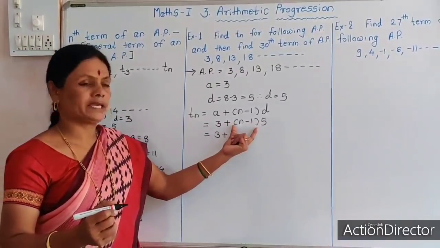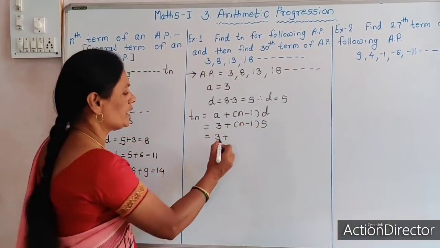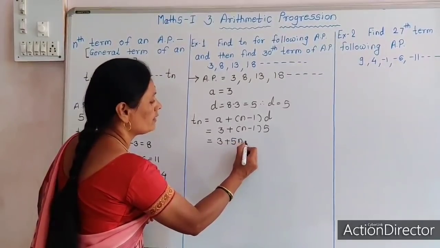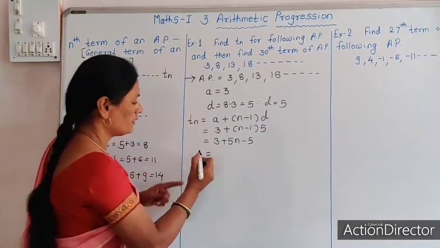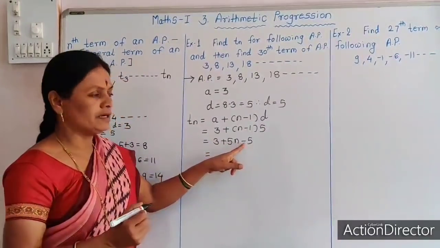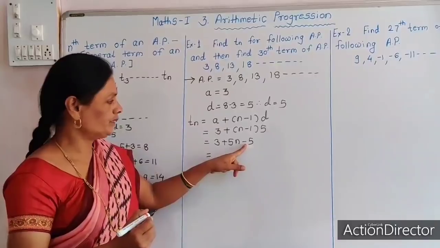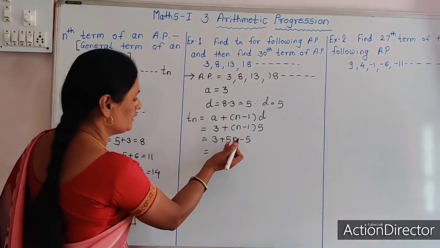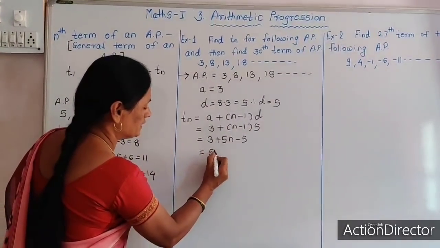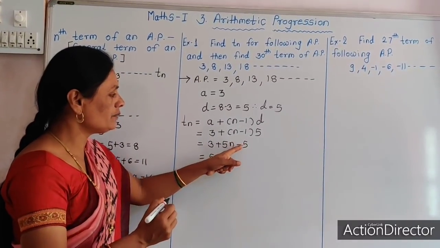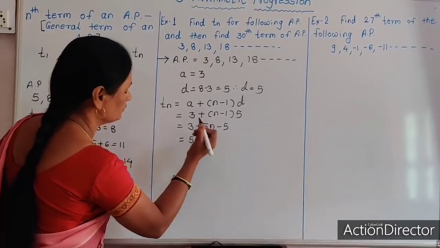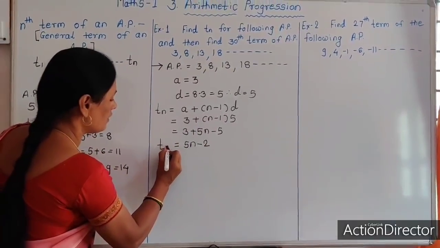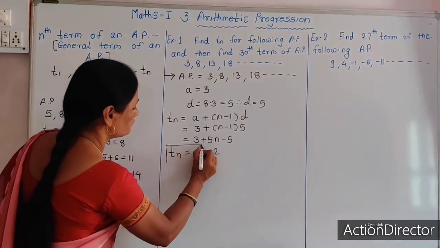First we solve this bracket: 5 into n, 5n, minus 5 ones are 5, plus 3. Here 5n as it is, and plus 3 and minus 5 remains minus 2. That is the value of Tn.